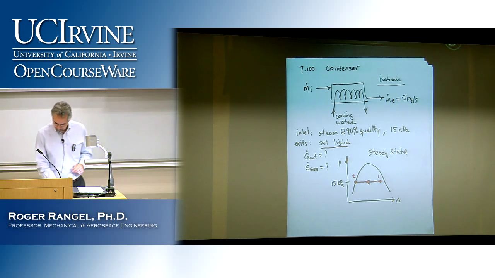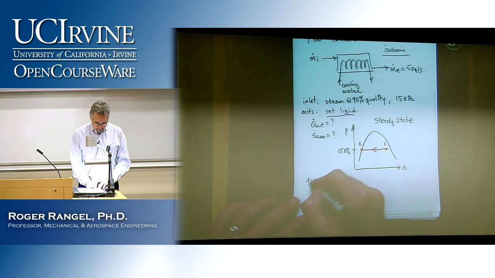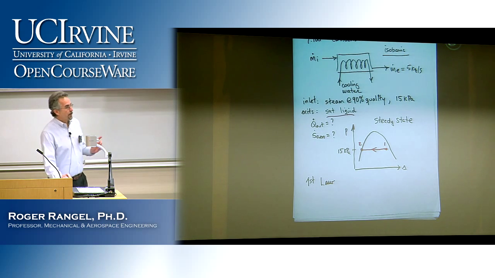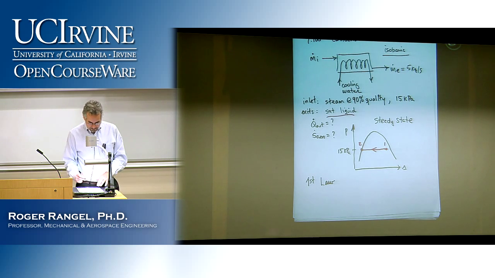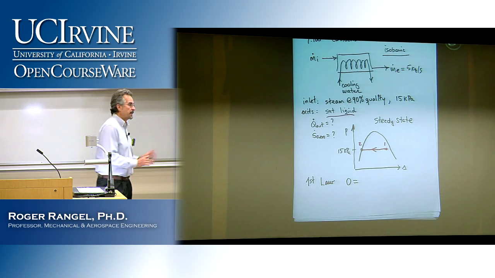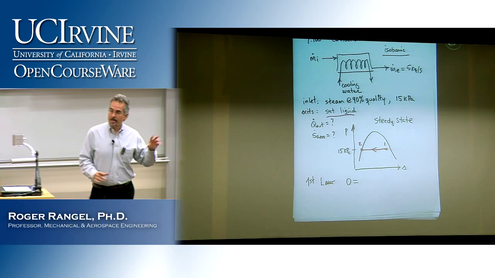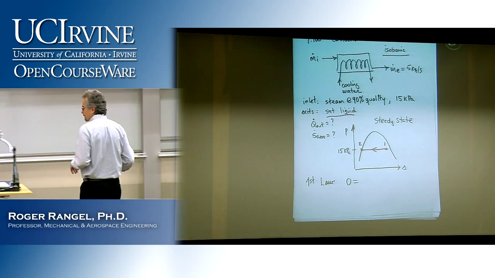All right? Okay, so first law of thermodynamics. We want to write it in rate form and for steady state. Since it's steady state, the rate form of the equation will have a 0 on the left-hand side. That is the term that has the change in internal energy per unit time inside the control volume.